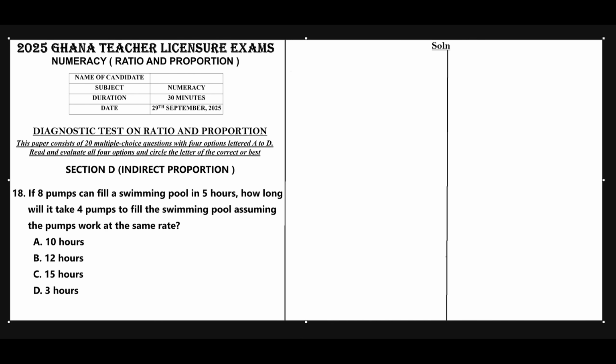Question 18. If 8 pumps can fill a swimming pool in 5 hours, then how long will it take 4 pumps to fill the swimming pool, assuming the pumps work at the same rate? So first of all, let's identify the quantities given in the question. So we have number of pumps and then time.